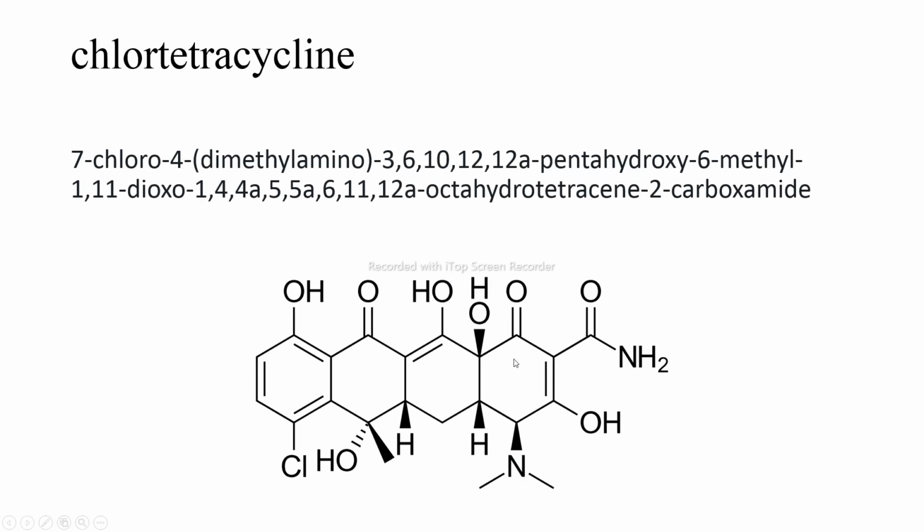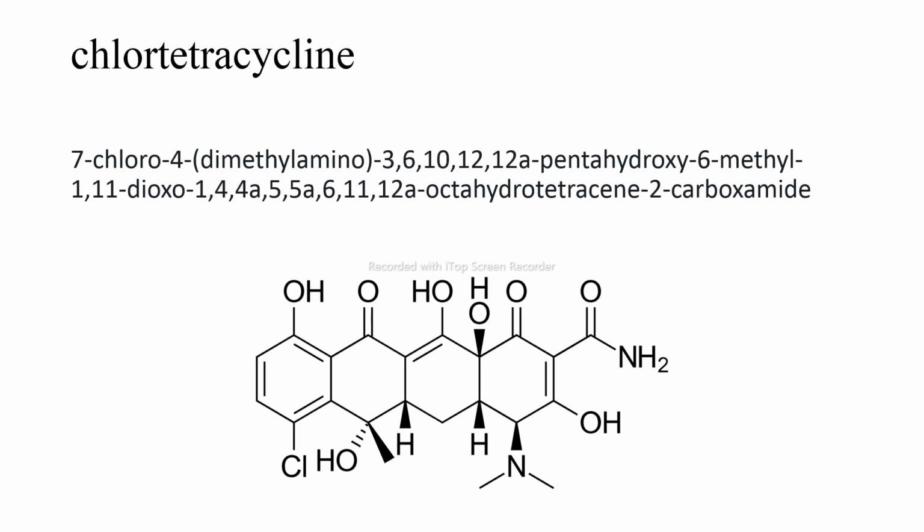Okay, 4 dimethyl amino. Then there is one more methyl group at the 6th position. So 6 methyl. Then 1, 11 dioxo. Then the remaining portion is same. That is 1, 4, 4A, 5, 5A, 6, 11, 12A, octahydrotetracene, 2-carboxamide.